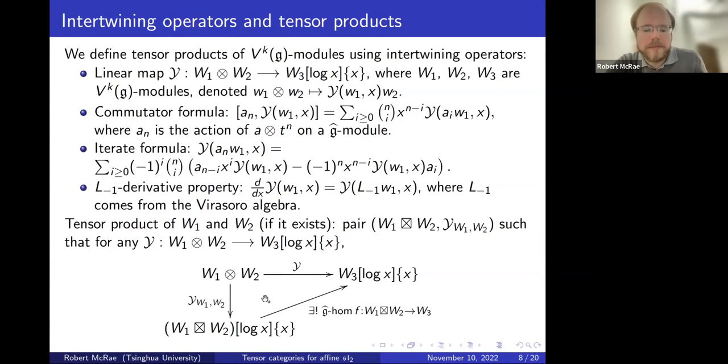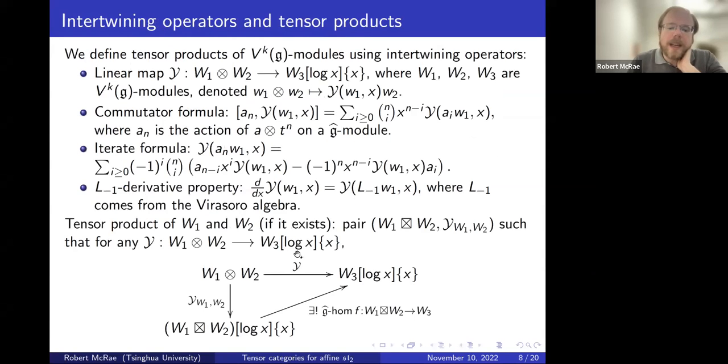So the definition is based on intertwining operators. If you want to calculate what the tensor product modules are, you need to understand intertwining operators, and you need to understand intertwining operators to get maps coming out of the tensor product module.